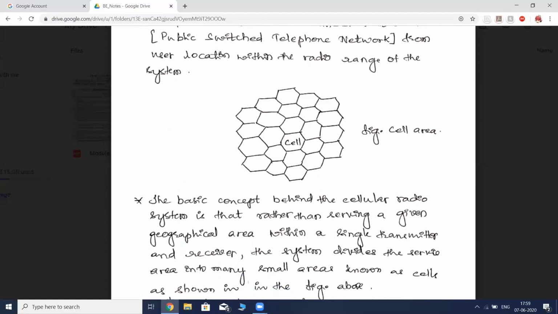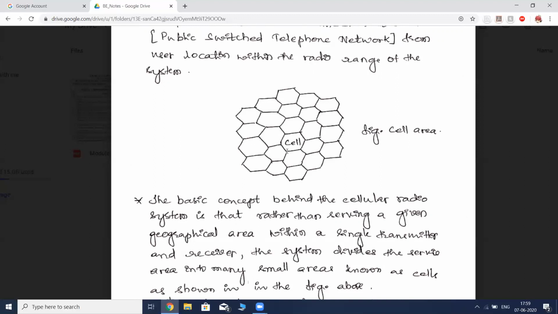The total geographical area is divided into smaller units called cells. So a hexagon is being used to represent the small area called a cell.